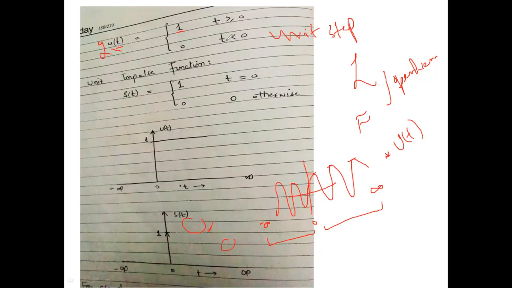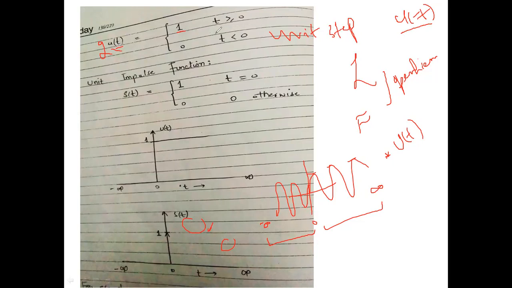For the unit step function we have the flipped version as well, called u(minus t), but it is not in your course. For the time being we will discuss it in Signals and Systems, so we will focus only on u(t).